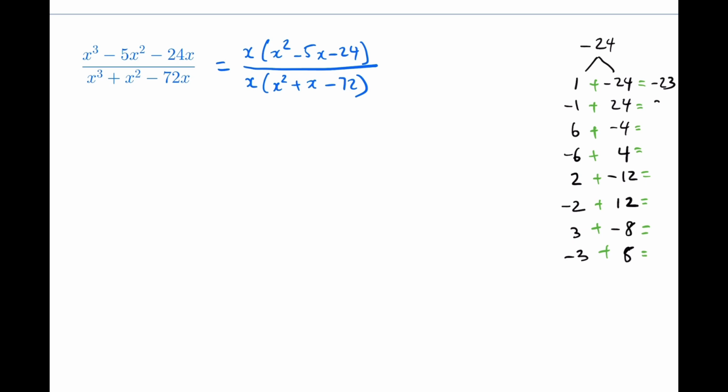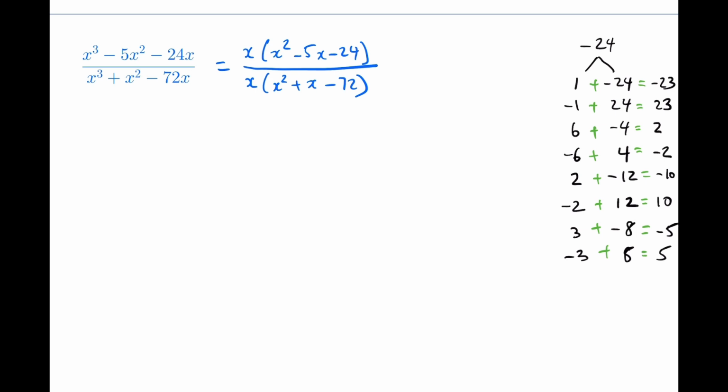The next one is a positive 23. That doesn't work. The next one comes out to positive 2, and the next one comes out to negative 2. That's not what we're looking for. 2 plus negative 12 is negative 10, and negative 2 plus 12 is positive 10, so that's not it either. The next one is negative 5, which is exactly what we're looking for, and the last one is 5.